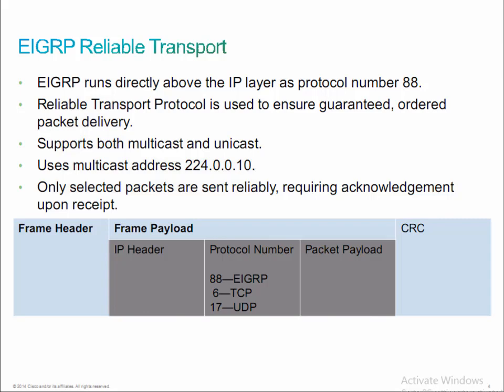Now, they do mention, of course, on the slide here, RTP sends EIGRP packets reliably, and the Reliable Transport Protocol sends these multicast packets quickly. But again, like I said, it's really just an EIGRP packet. In the end, that's what we're referencing here. It's just simply an EIGRP packet.